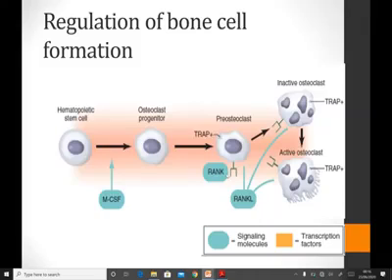So when the osteoblasts or the stromal cells bind to these pre-osteoclasts through their RANK L, the pre-osteoclasts differentiate into the osteoclast. So for the osteoclast differentiation, or the formation of a mature osteoclast, we need the interaction between these two molecules, the RANK and the RANK L.